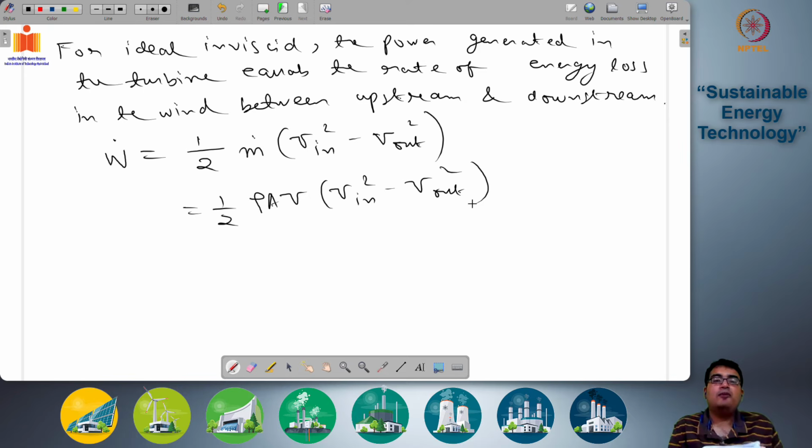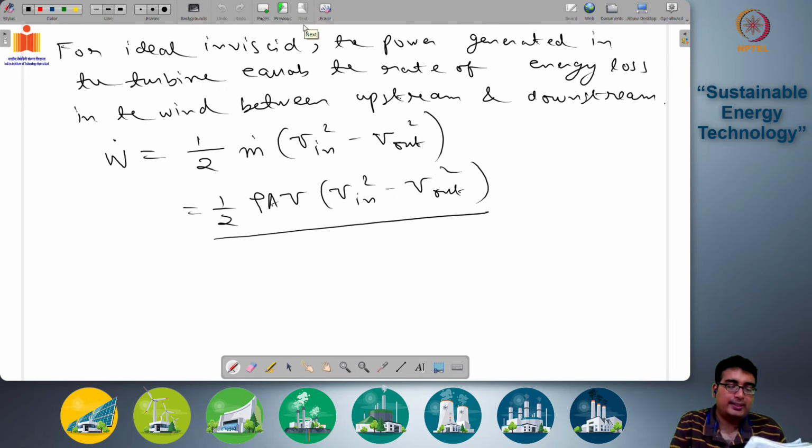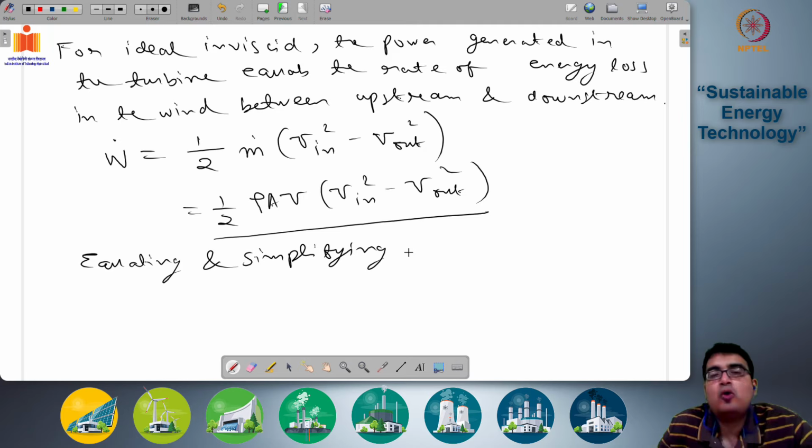So now we will equate these two terms, this W dot with this W dot. Okay. Let's equate this, and if we equate this, so equating and simplifying, we can remove many of the rho, A, V terms.